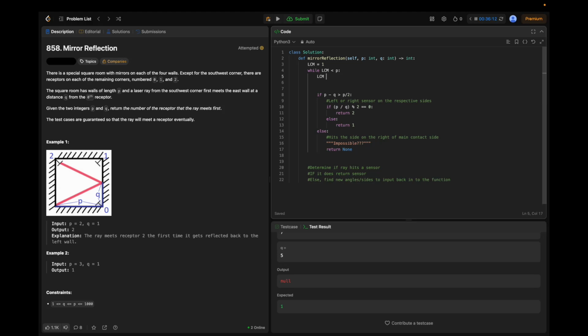LCM plus equals P. Wait. While LCM mod Q, I should start as P. Well, LCM mod Q is not equal to 0, right?